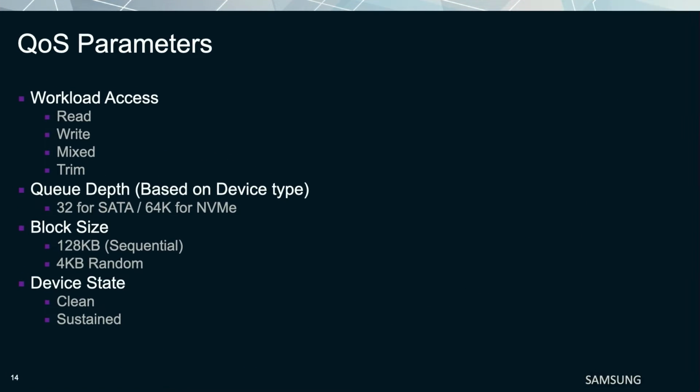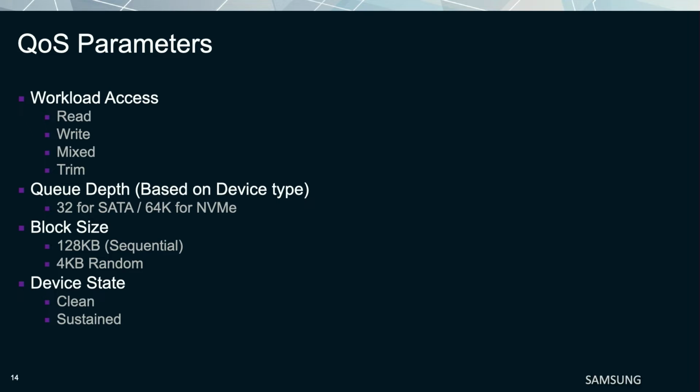QoS parameters: how do we measure QoS? Normally the workload access is important: read, write, mix, stream. Queue depth is important because the device-side QD, whatever the spec says, has to be matched.